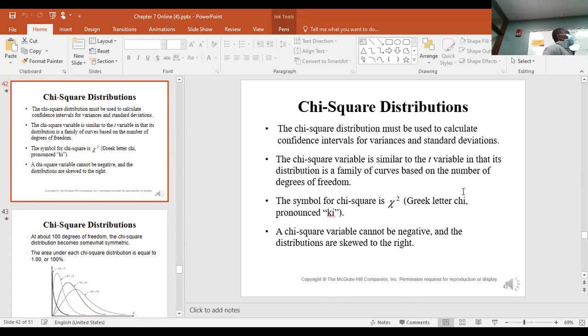The distribution that is used to estimate the variance is called the chi-square distribution. This is a random variable which depends on degrees of freedom, like the t distribution.